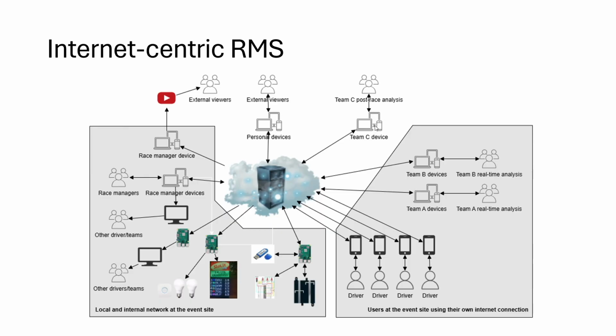You can then take your own device when you get home, and 3 weeks later, after the race has happened, you can access the data and do some post-race analysis, even after the race PC has been turned off. So this is quite a different model.